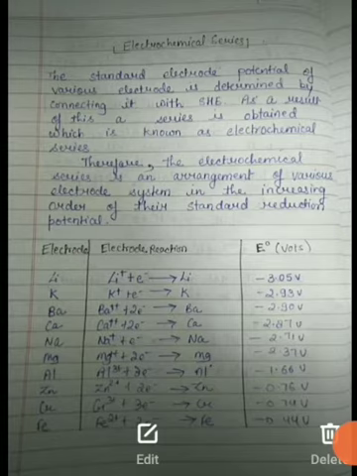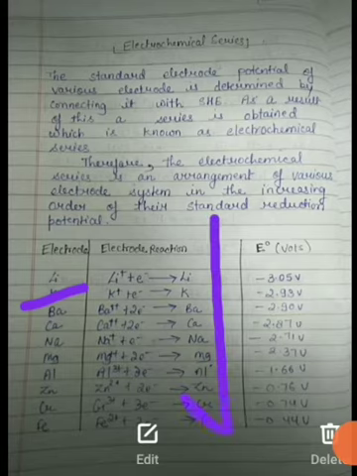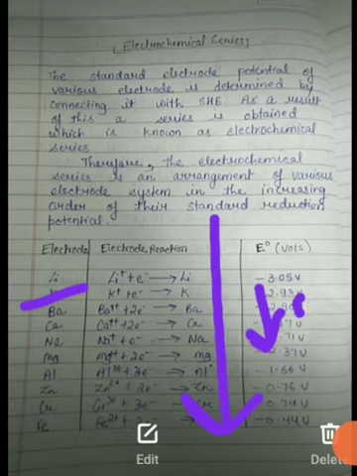Here lithium will be the most powerful reducing agent, as the reducing character is decreasing down the group.